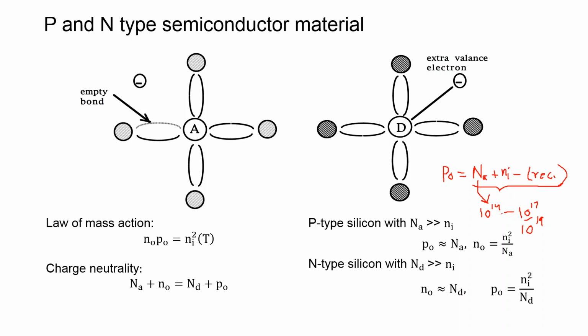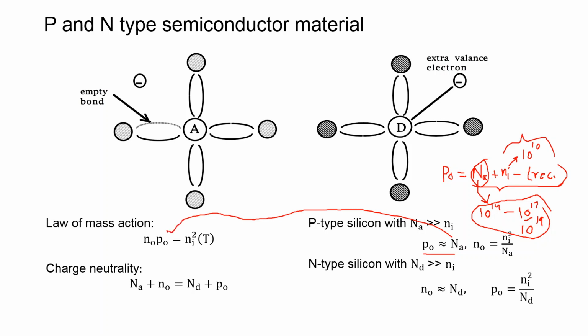If you compare these values with the value of Ni, which is 10 power 10, Ni is very small. So we can say that P naught is approximately equal to Na, because these terms can be neglected.